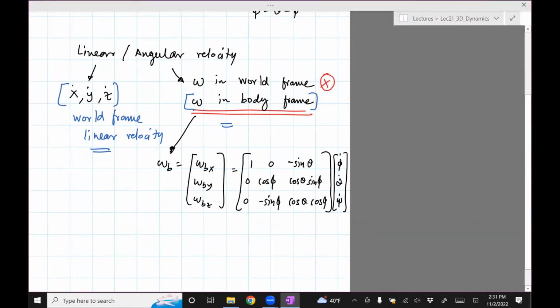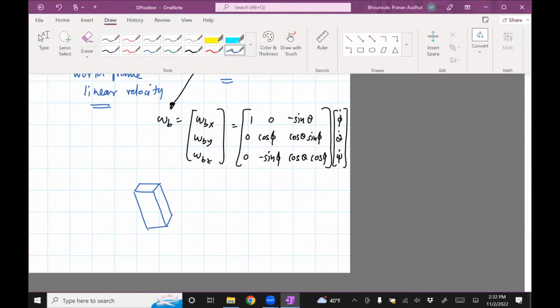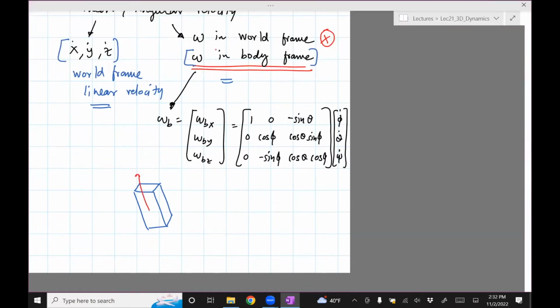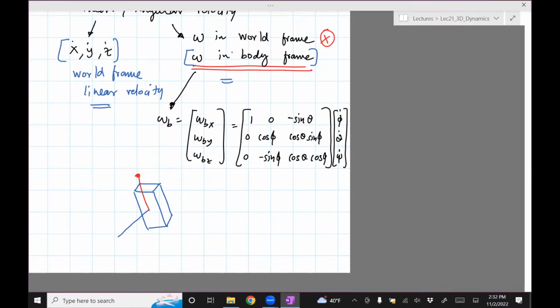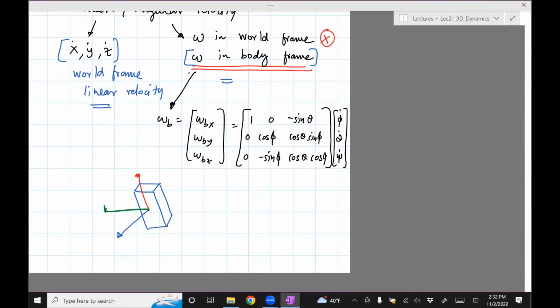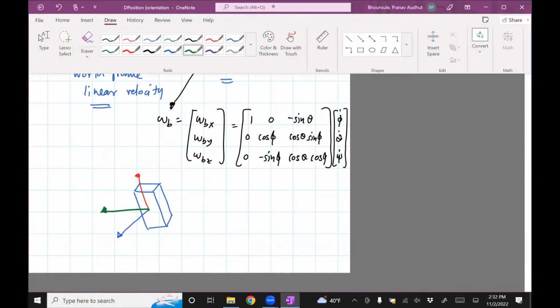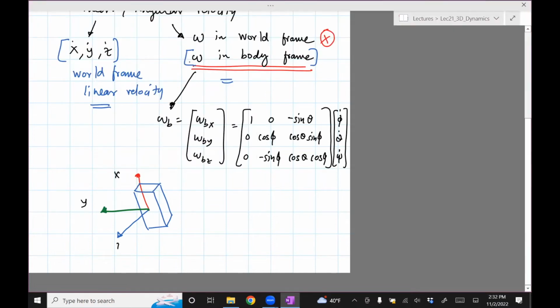Okay, so I don't know if I skipped this, but what is the angular velocity in body frame? It basically is this. If you have an object, and then let's say that this is x, y, z.